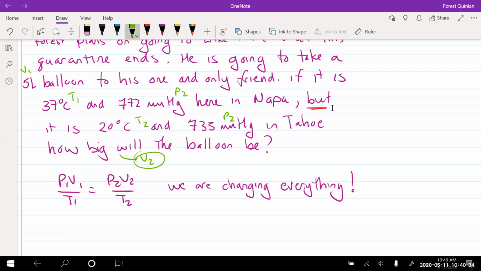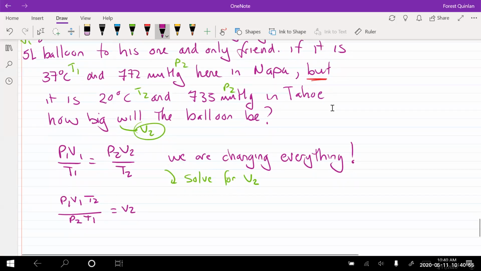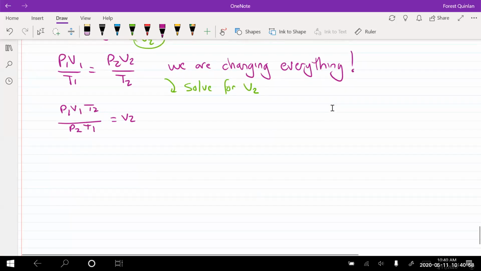So I'm going to solve for V2. If I do that, it is P1 V1 T2 over P2 T1. So V2.